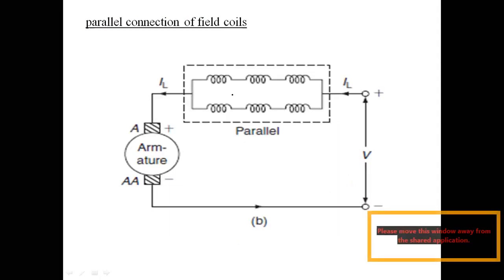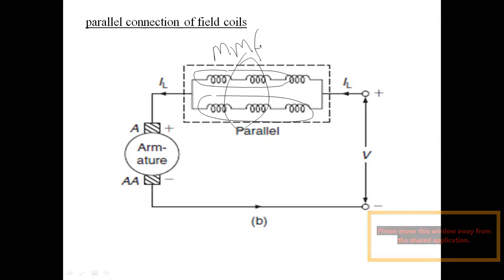So when you're coming to the parallel connection, here also these three are in series, but these two are in parallel. Whatever MMF is produced in the field coils, either in the series arrangement or the parallel arrangement, the MMF is going to be changed. Hence the flux is going to be changed.